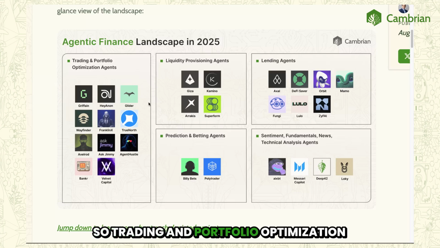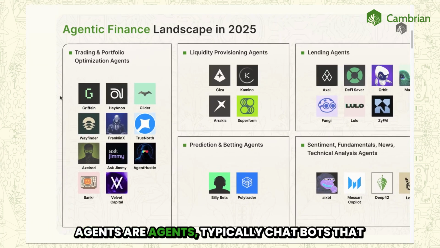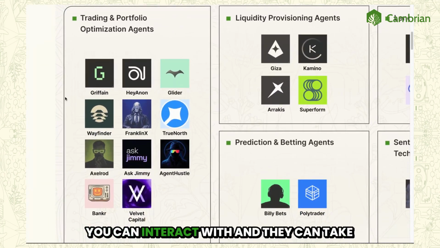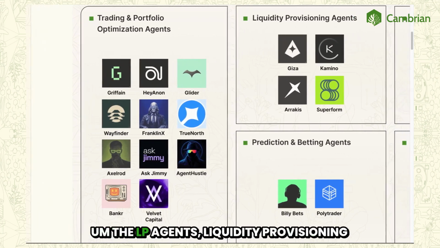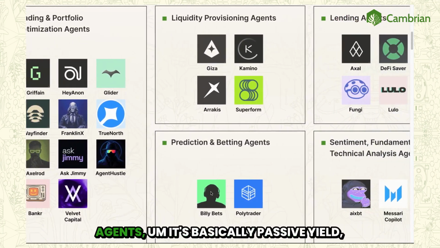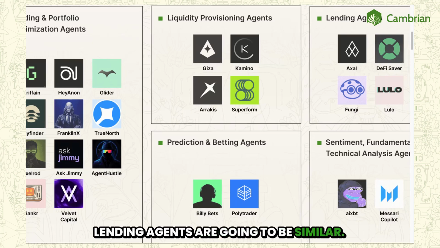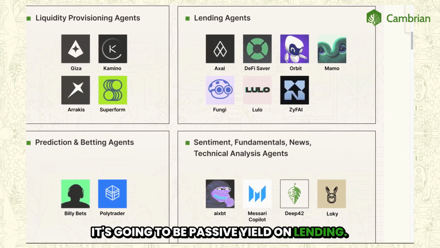So trading and portfolio optimization agents are agents, typically chatbots, that you can interact with and they can take some sort of action for you. The LP agents, liquidity provisioning agents, it's basically passive yield, stablecoin yield on most of these. Lending agents are going to be similar. It's going to be passive yield on lending.